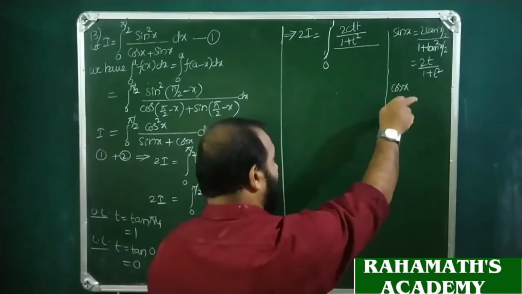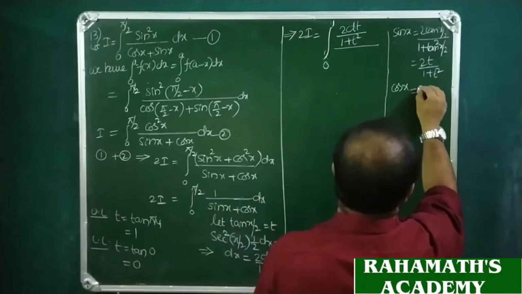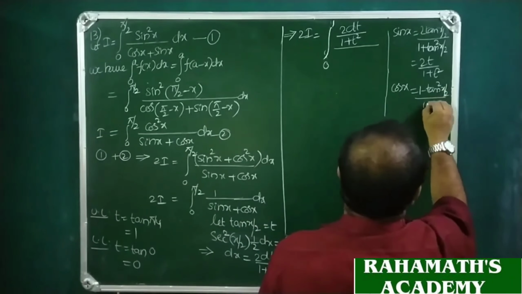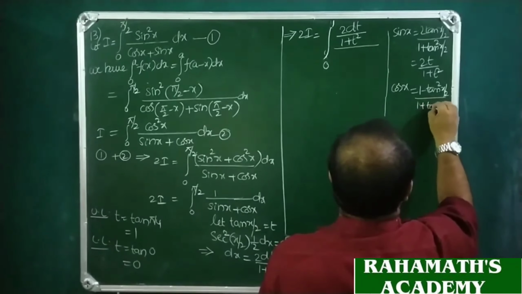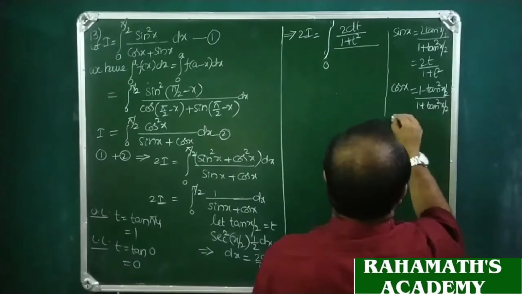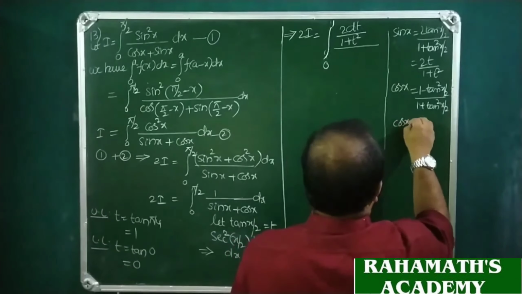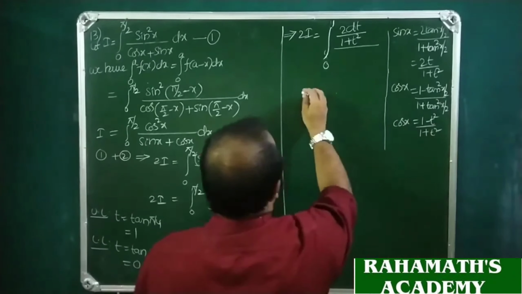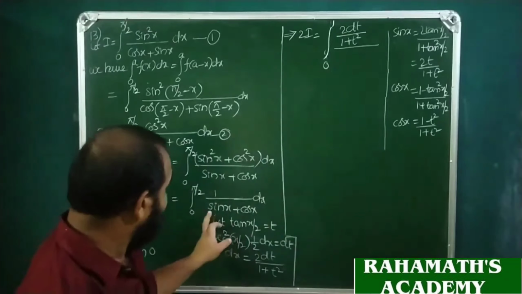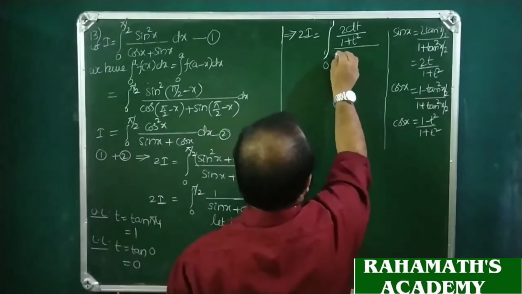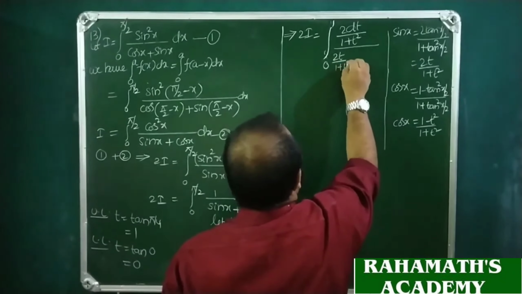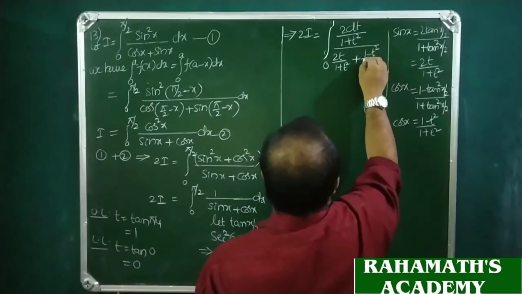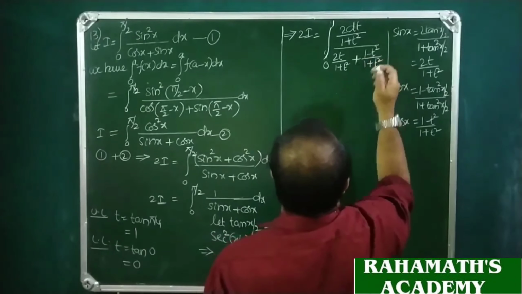For the half angle, cos x is 1 minus tan square x by 2 by 1 plus tan square x by 2. Therefore cos x is 1 minus t square by 1 plus t square. So sin x plus cos x is 2t by 1 plus t square plus 1 minus t square by 1 plus t square.